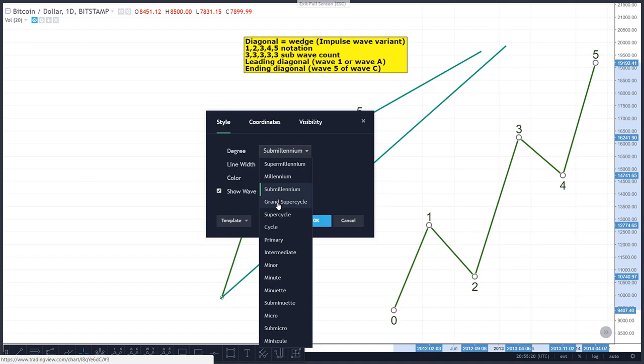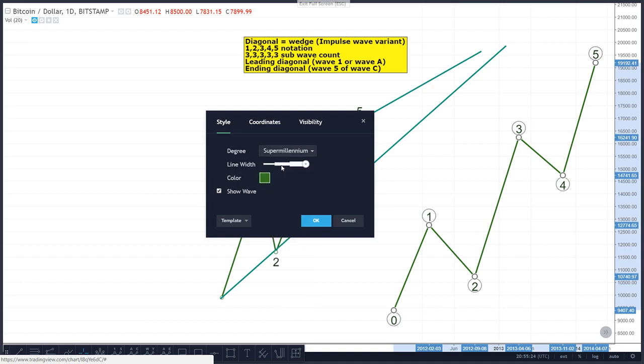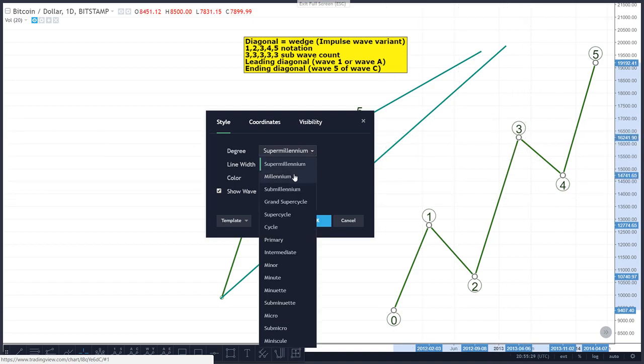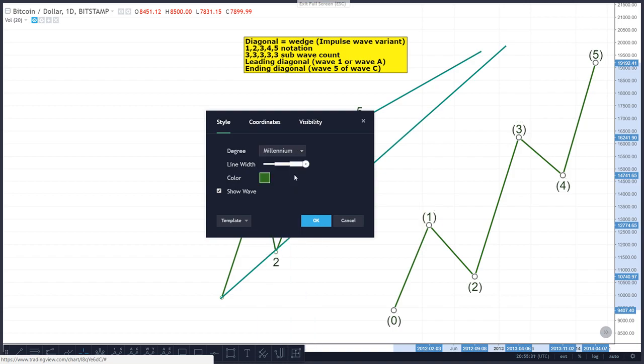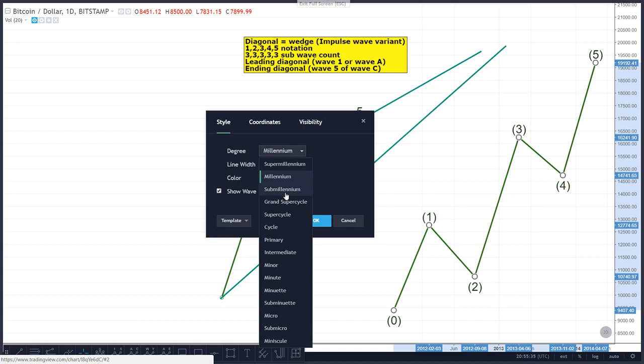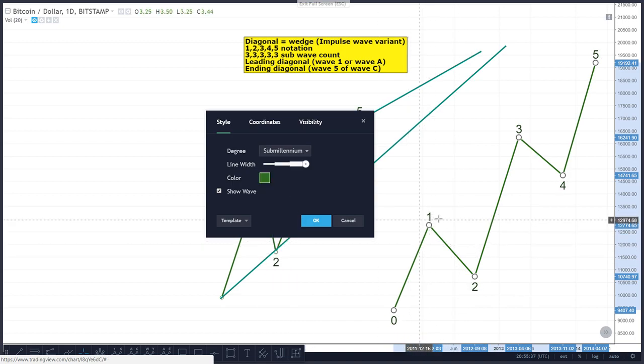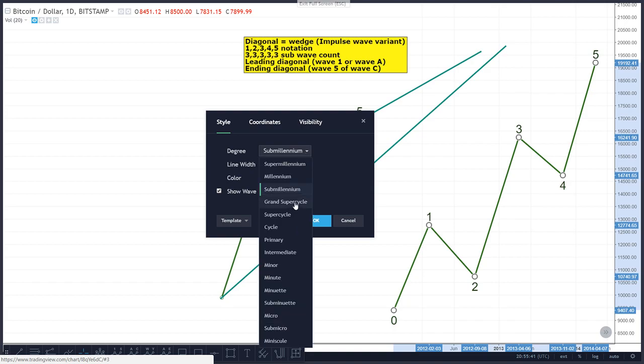You can see that what you get with supermillennium at the top. So you get a circle around a large number, and then 1 degree less you'll get a large number in brackets, and then 1 further degree less you'll get a number without any brackets or any circle. After that you get a grand supercycle.